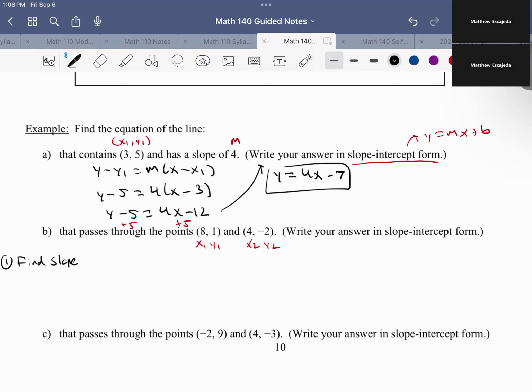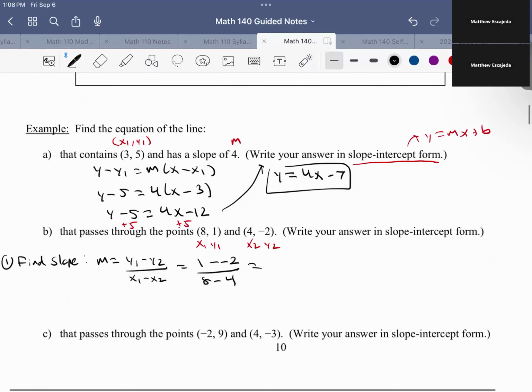Your slope is m equals y1 minus y2 over x1 minus x2. So this would be 1 minus -2 over 8 minus 4. And so you would get 3/4 for your slope.